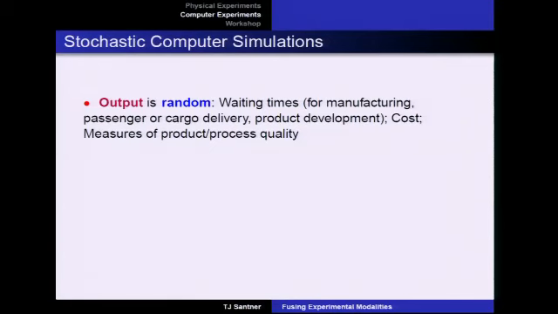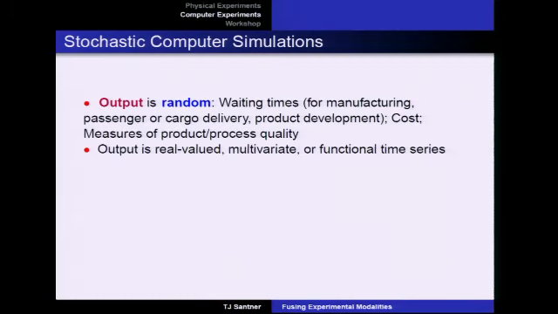The output is random. That's one difference between this and the deterministic kind of computer simulation that we'll see. You observe a waiting time to manufacture something, to deliver a passenger or a piece of cargo, to develop a product, costs associated with that, and various measures of the product or process quality. The output can be real valued. I think more often it is multivariate.